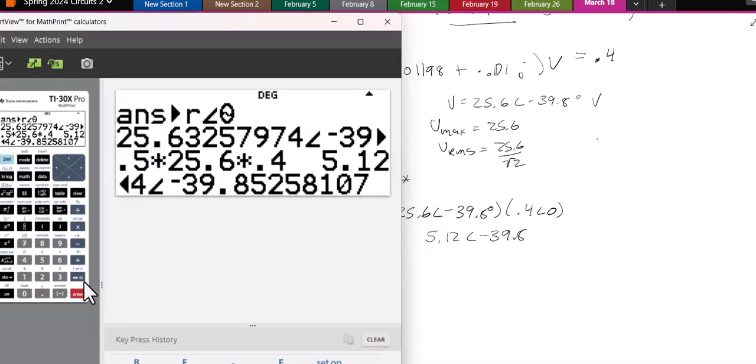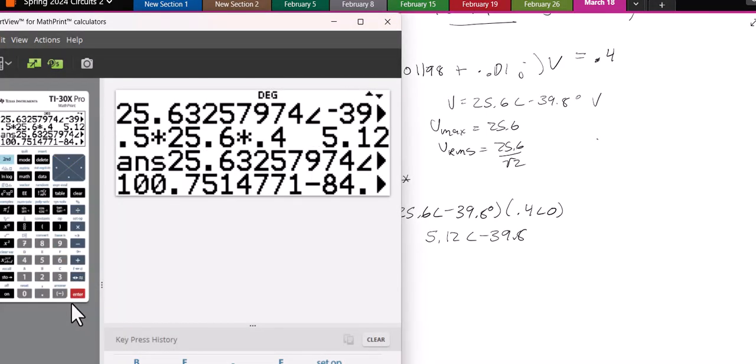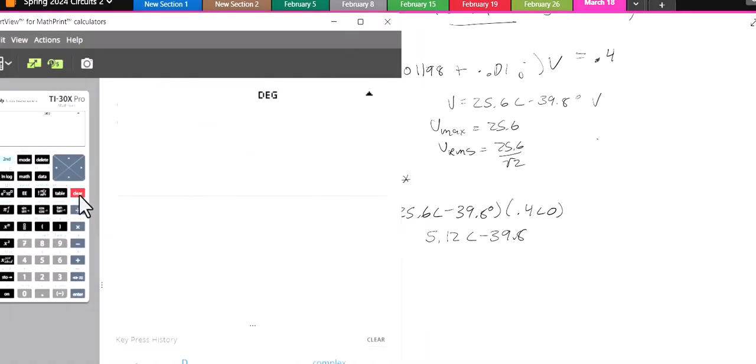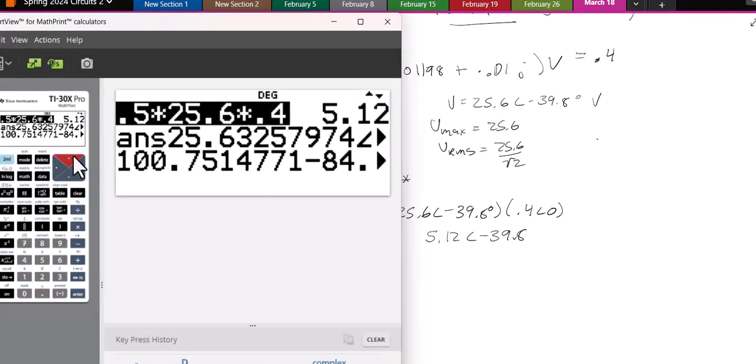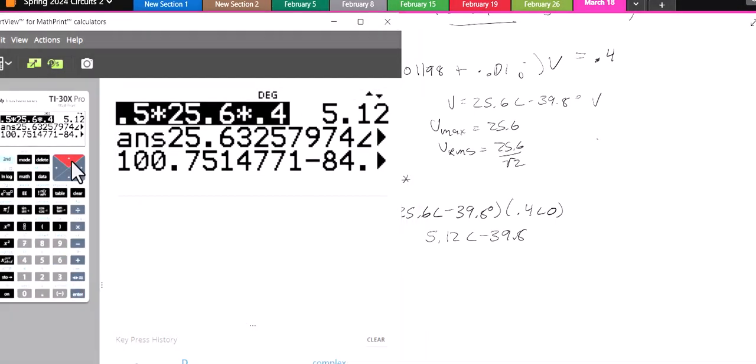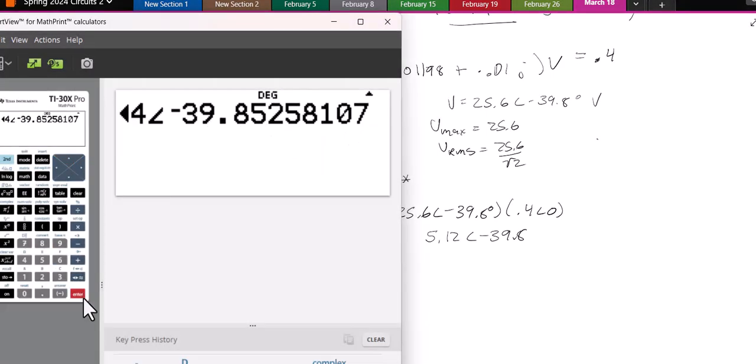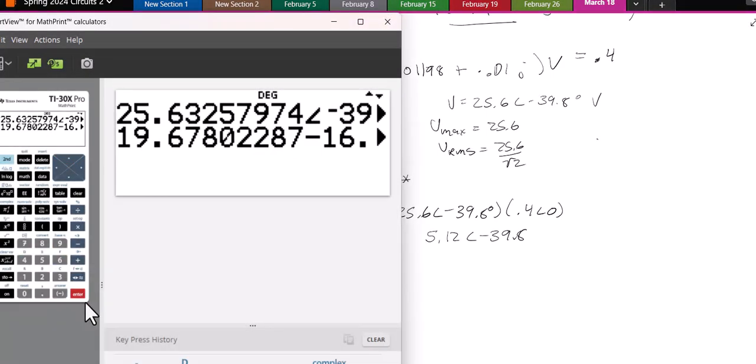Now if I change this to rectangular, there it is, in rectangular.